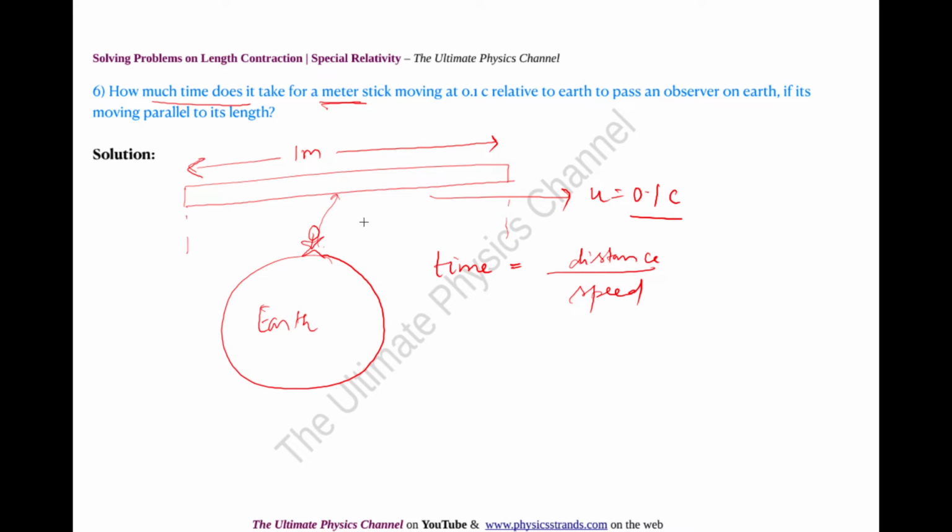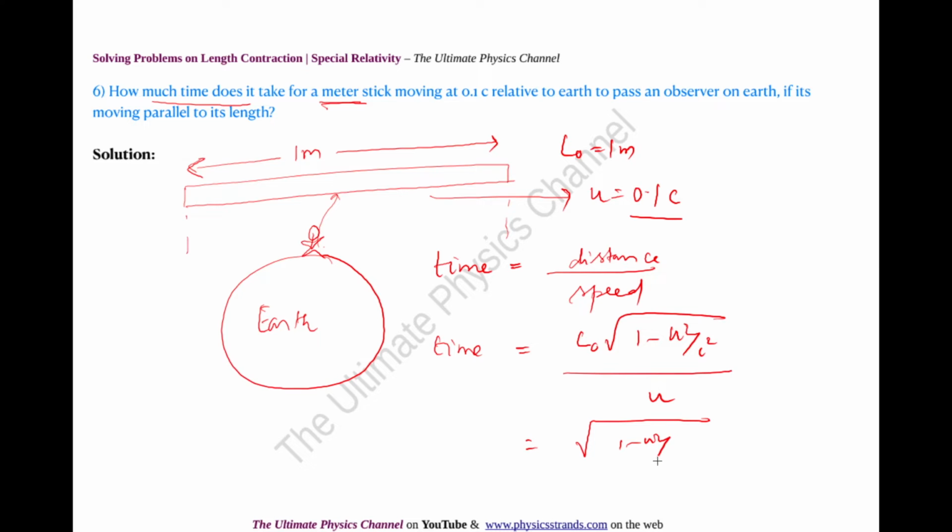It would be a contracted length that he would be measuring. So in this case, the time is equal to L0 times the square root of (1 minus u squared over c squared) over u. Here L0 is 1 meter, and therefore it is the square root of (1 minus u squared over c squared) over u that is the time.